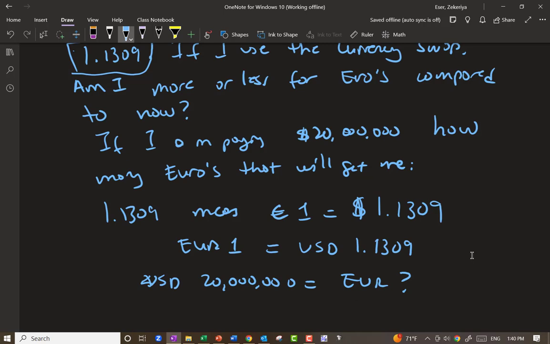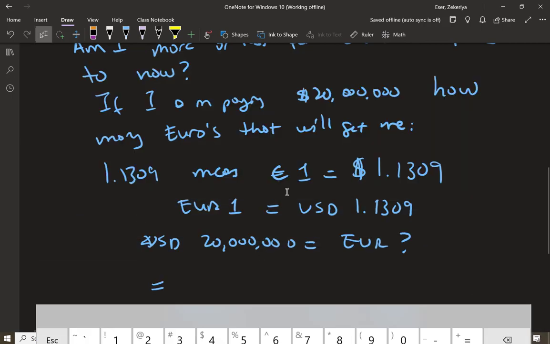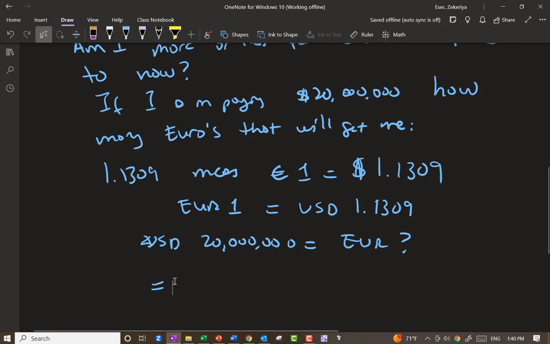How many euros? It should not be a complicated calculation. Exactly. So that's equal to, let me write it with the computer, because it's going to make the calculation for me.